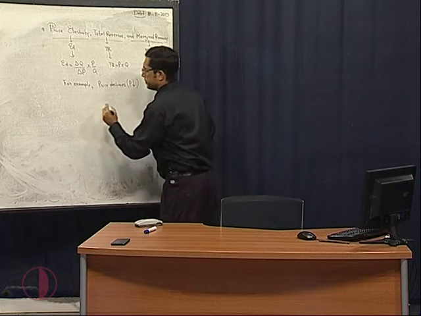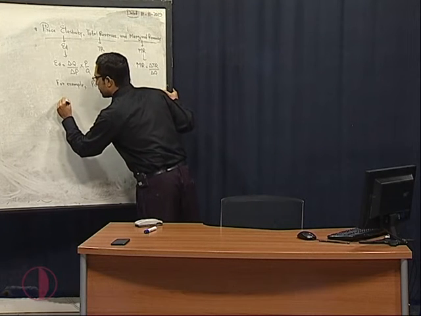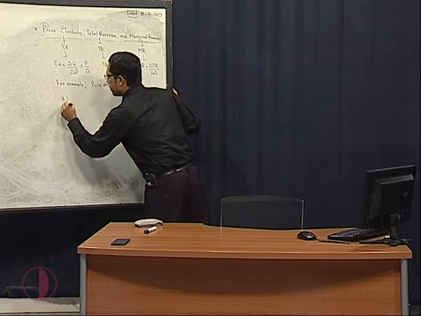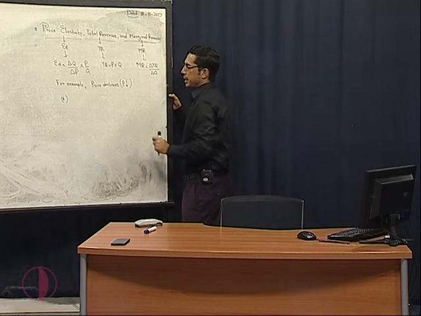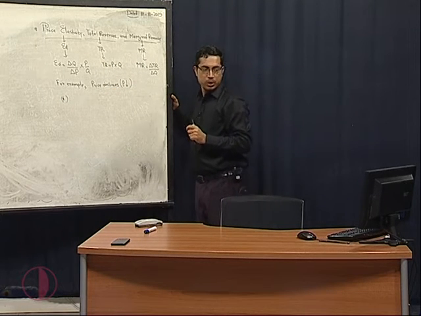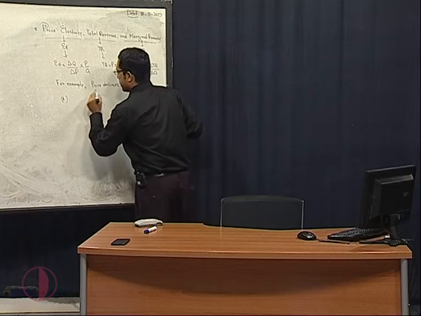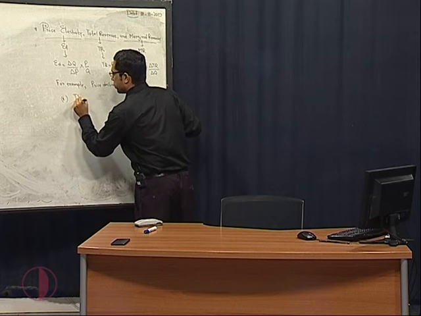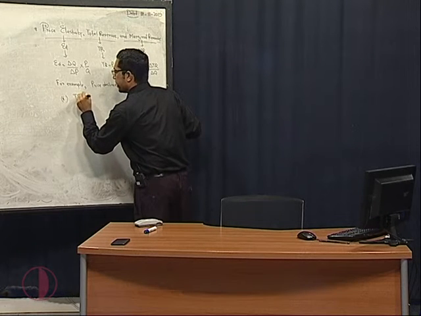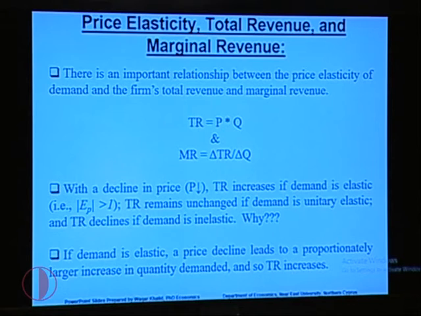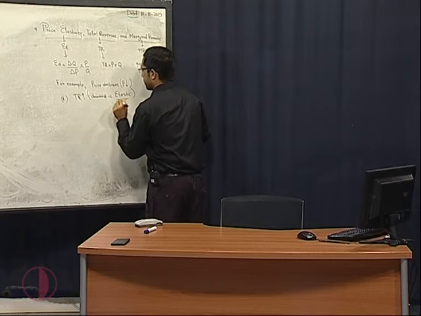For example, case 1, there are 3 possibilities. Suppose the price decreases. In this case total revenue will increase if demand is elastic.